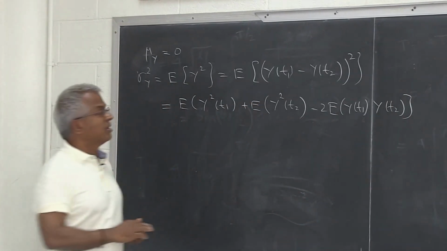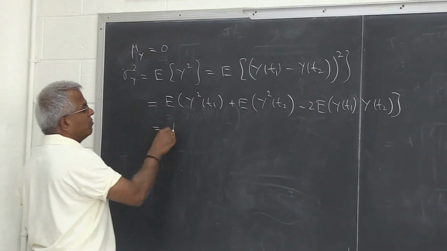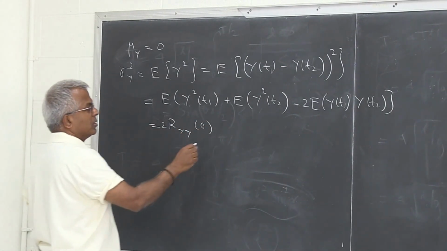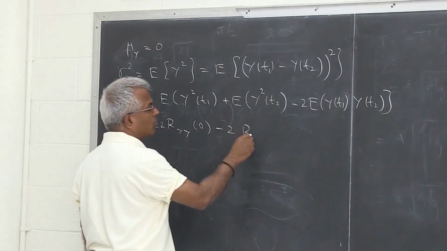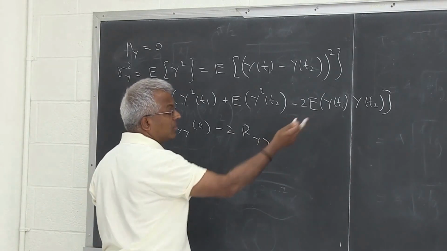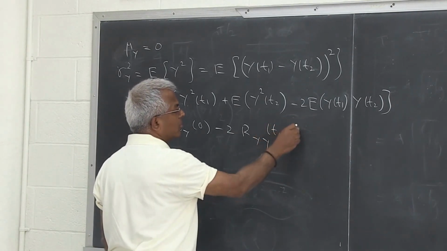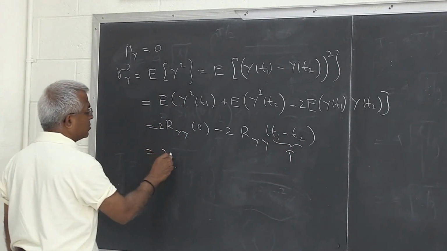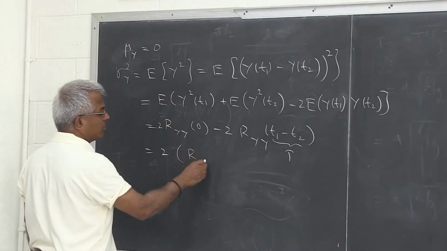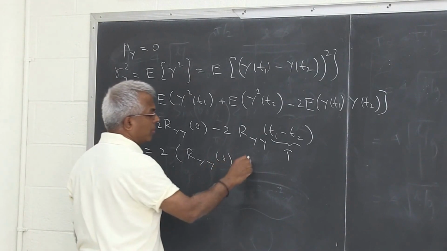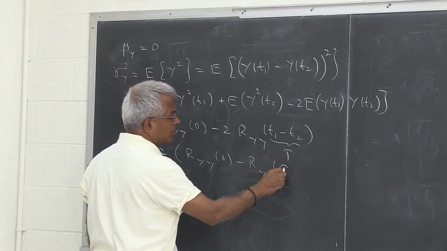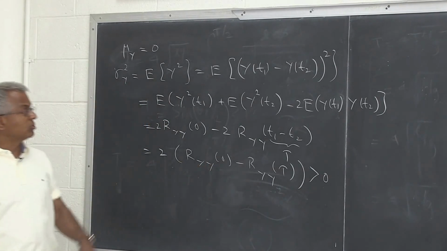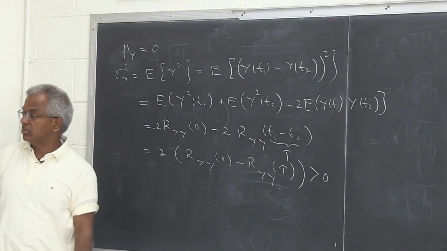But y of t itself is wide-sense stationary, so we can write this as 2 times R_yy(0) minus 2 R_yy(t1 minus t2), and I'm going to call this difference tau. So this is 2 times (R_yy(0) minus R_yy(tau)), which is positive because R_yy(tau) is always less than R_yy(0).